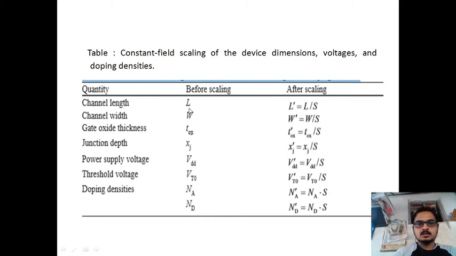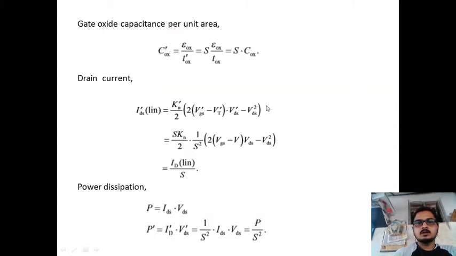It is scaled by a factor, TOX by S. Substitute that term, the scaled thickness T dash OX equals TOX by S. Then what we will get? Epsilon OX by TOX by S. Take this S into the numerator, then we get S into epsilon OX by TOX. Epsilon OX by TOX equals COX. So when COX is scaled, we get S into COX.